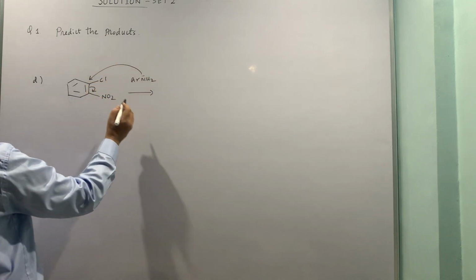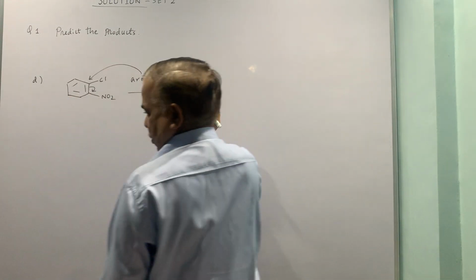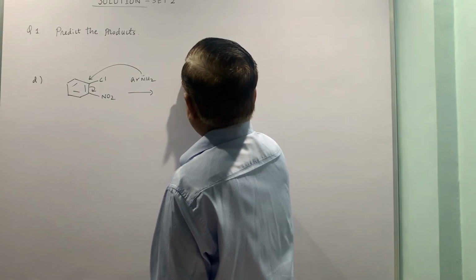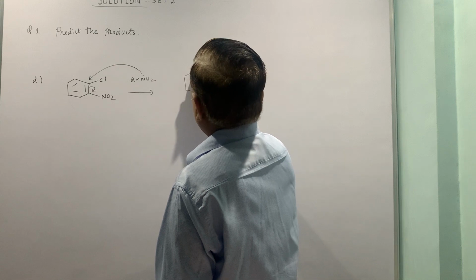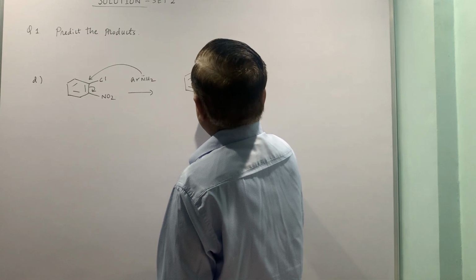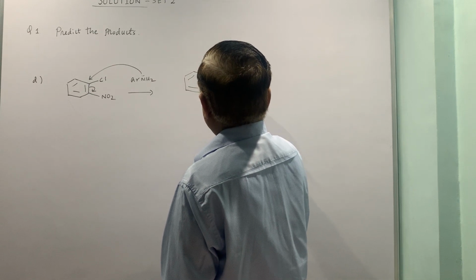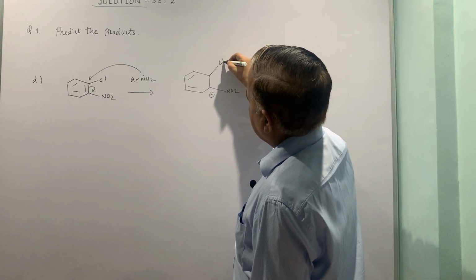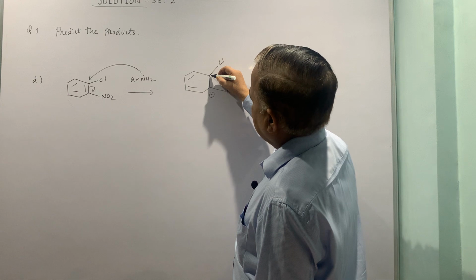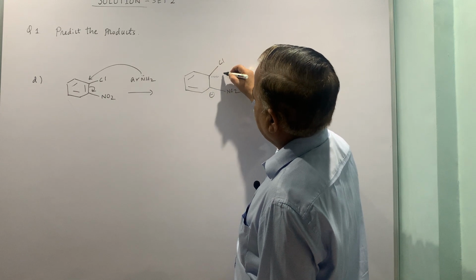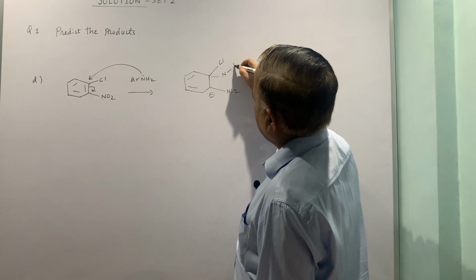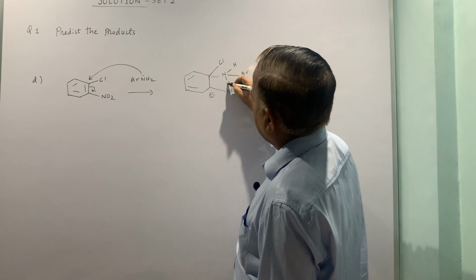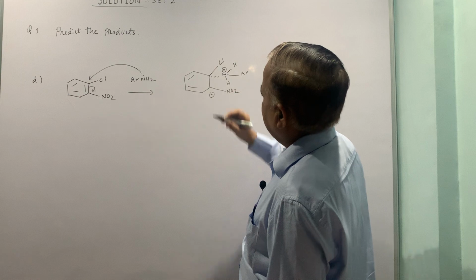You can show the delocalization of electrons, and now you can see that this becomes the Meisenheimer intermediate. Cl is there, and then it will be NH Ar, and now this will be positive charge.